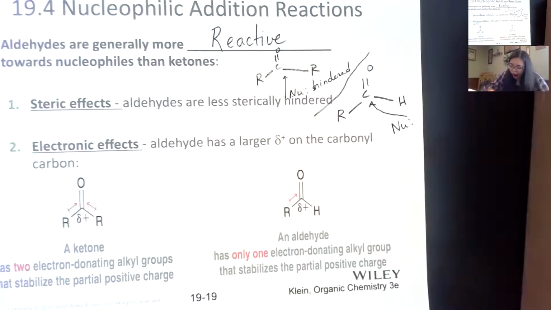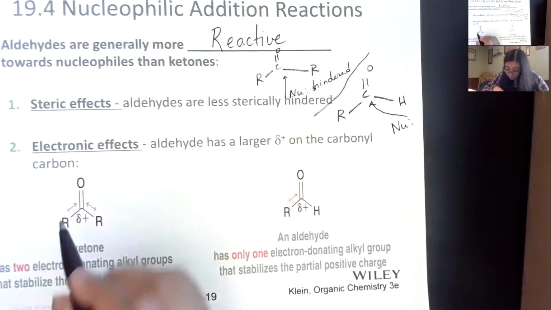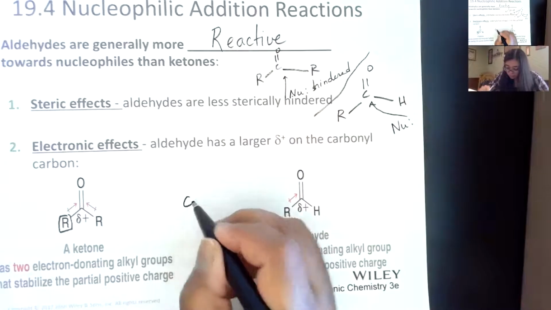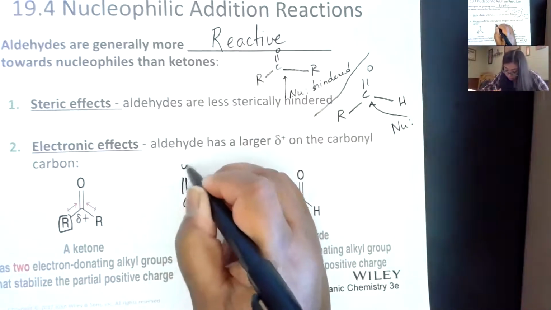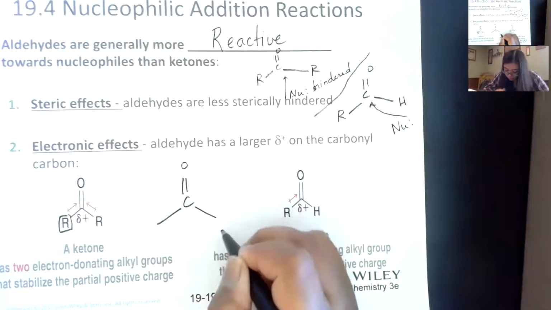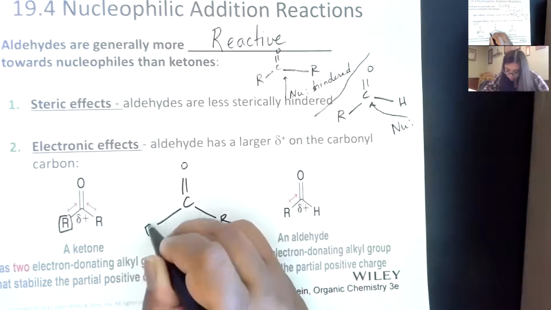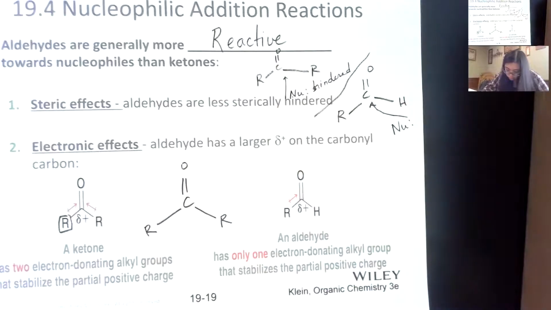Electronic, okay? So now, if you remember, the CH3 group is electron donating. Think about the tertiary carbocation as opposed to the secondary carbocation. The R groups are electron donating. We know that too from the last chapter.